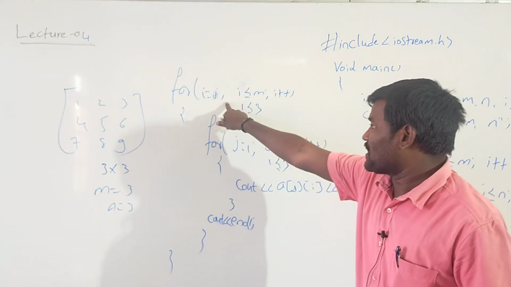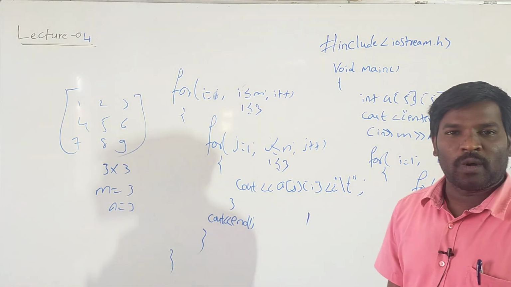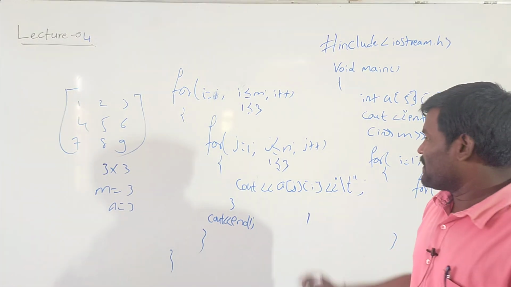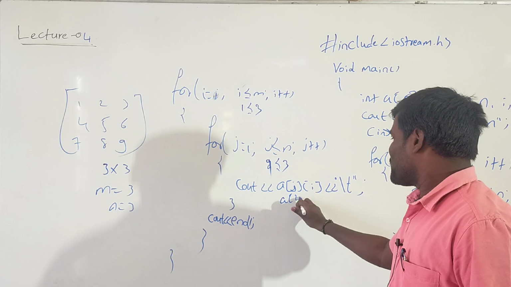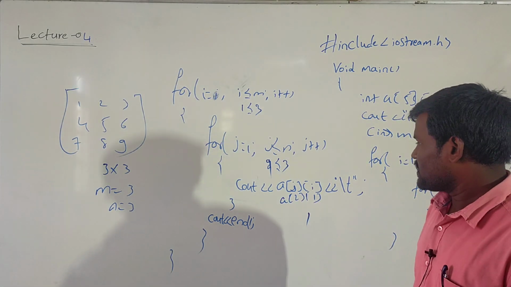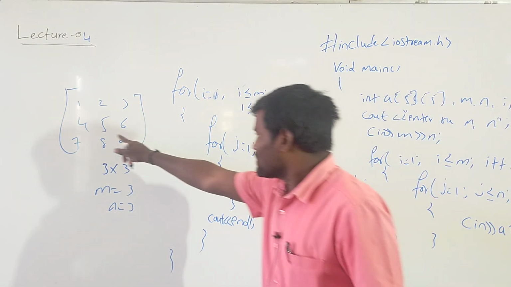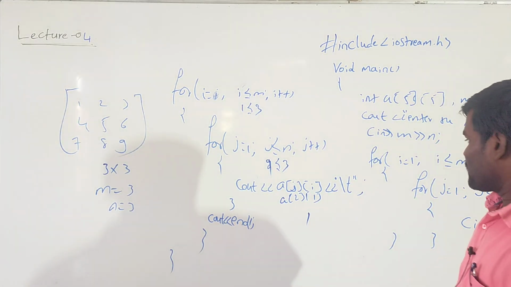Means j value is 1, i value is 1. It means 1 should be displayed at 1 comma 1 position. Next, j plus plus, j becomes 2. Now see that A of 2 comma 1 is 4. 4 will be printed.